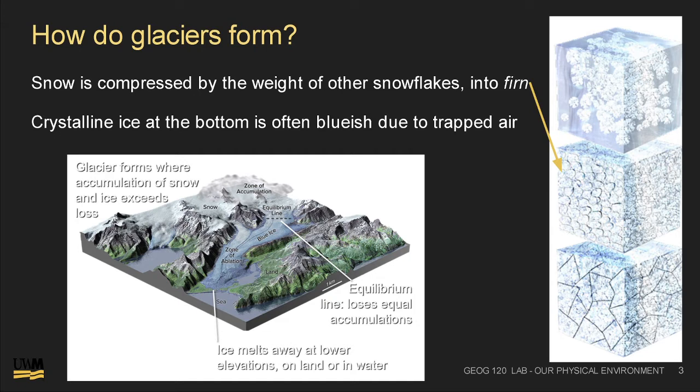If snow stays for a year, it gets covered up and compressed into firn, which is basically the intermediate stage between the loose, fluffy snow to the compacted ice, which is at the bottom of glaciers, which is often bluish. It has air bubbles, sometimes trapped within. But think of glaciers as a solid chunk of ice.